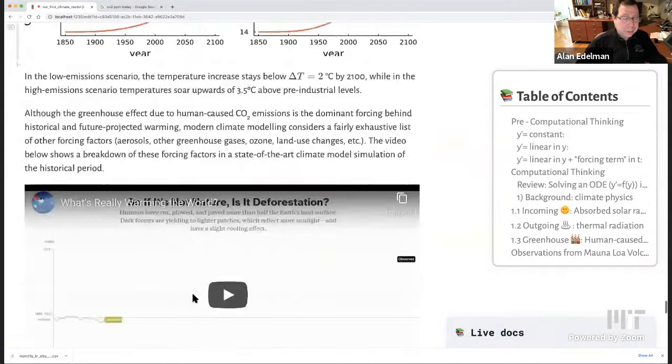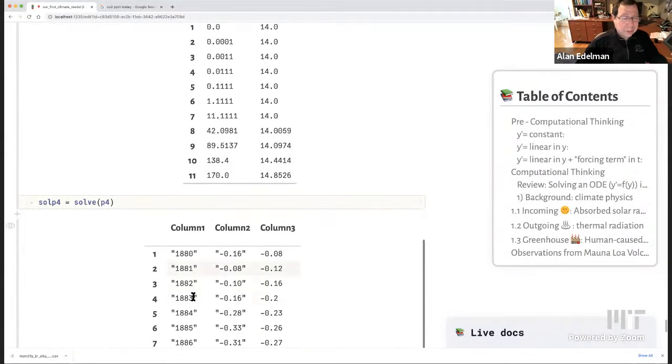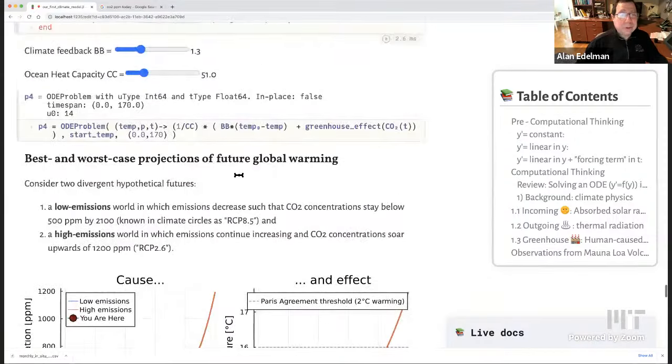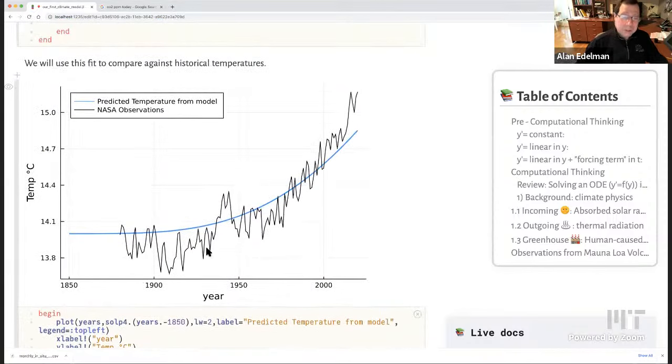I have it down at the bottom somewhere. Yeah, here they are. These are the NASA observations of temperatures. Let me just go back to the picture. These are the NASA observations, and this blue curve is just this differential equation solution. It's the same solution that you saw earlier.